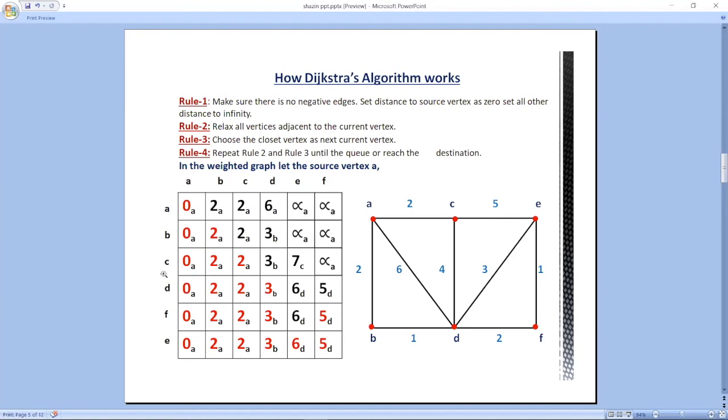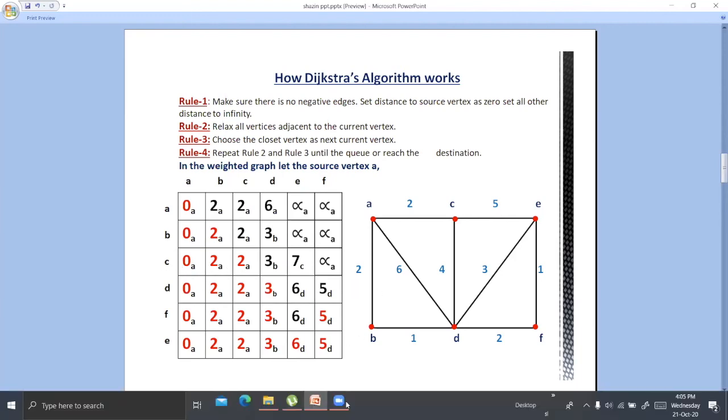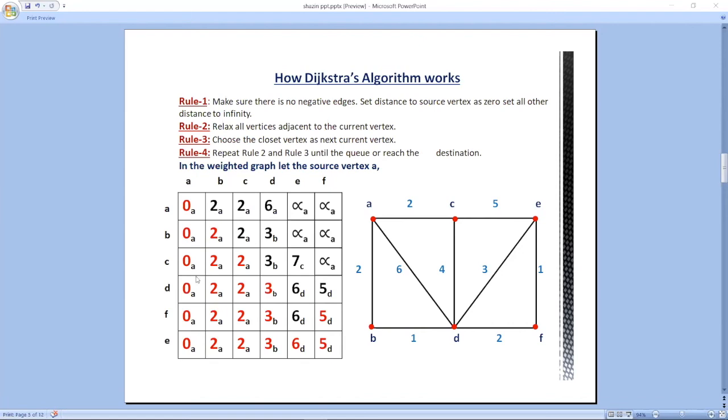Obviously 2 is smaller than 3, so we will work with C. We already visited 0 from A, 2 from A, and C is 2 from A, because if we travel from C to C, there is no distance, 0, and if we want to find the vertex C, we already traveled 2 units, so 2 plus 0 will be 2.